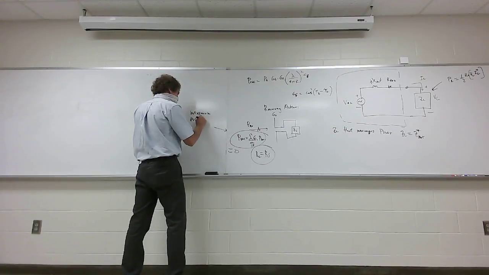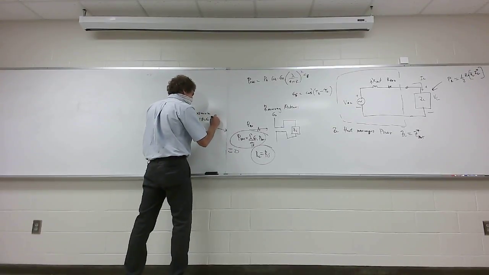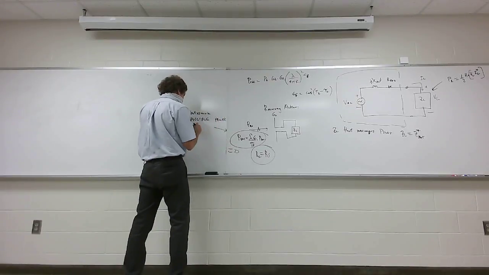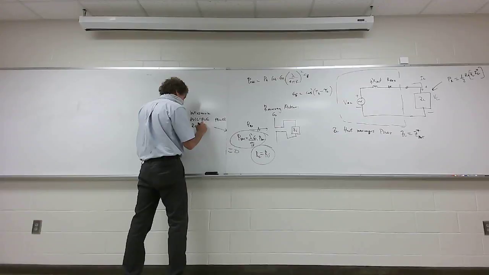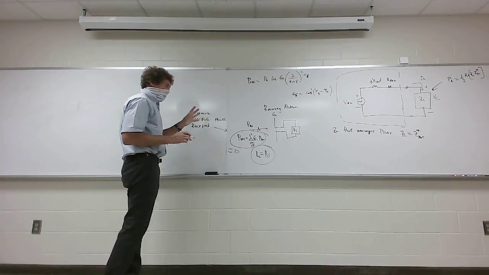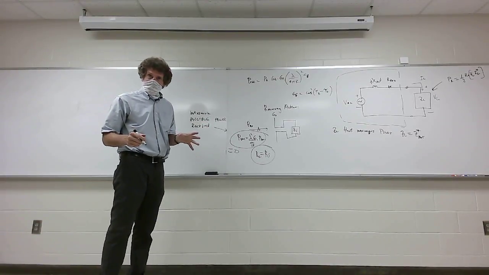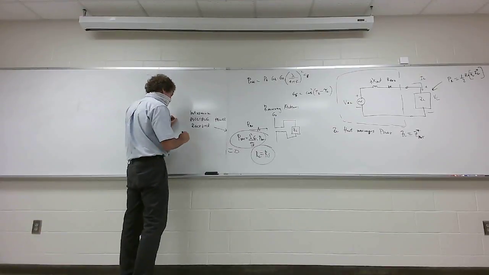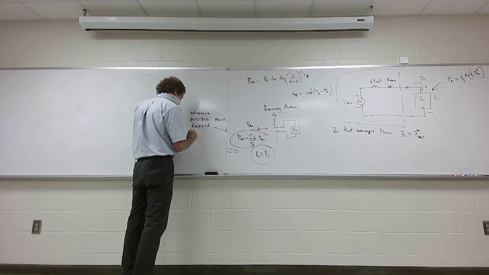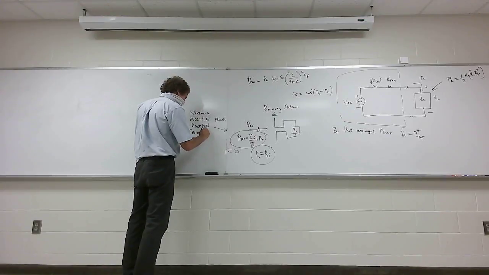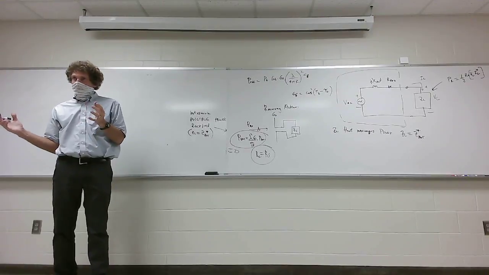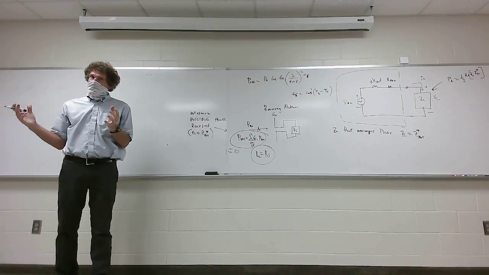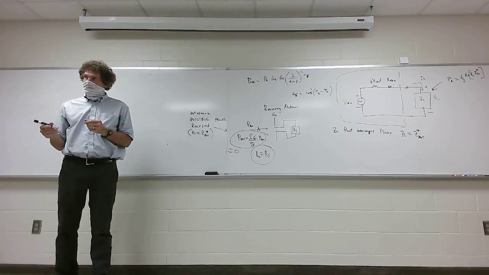But it is not how much power is actually received. It's the maximum possible power received, so that means that ZL, the load impedance, is actually the antenna impedance conjugated. So whatever the antenna impedance is, the load impedance to get maximum power has to be the conjugate of it. Does that make sense to everybody?